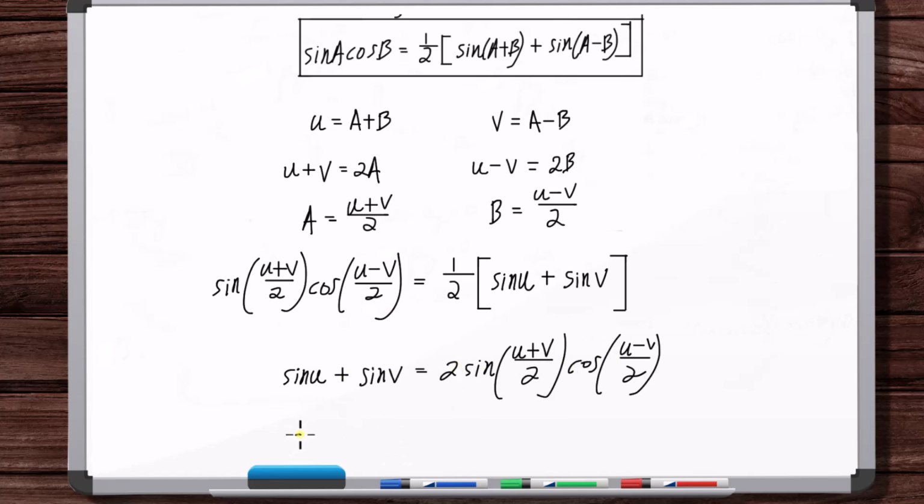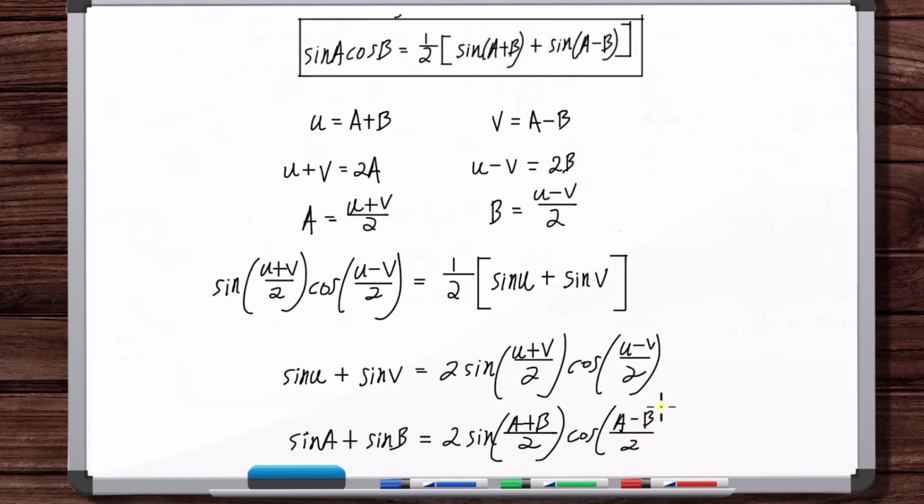But we can now, so that there's an identity. Let's just write it with the same variables that we wrote the other ones. So U and V are any angle, right? So we can write this as sine of A plus sine of B is equal to 2 sine of A plus B divided by 2 times cosine of A minus B divided by 2.